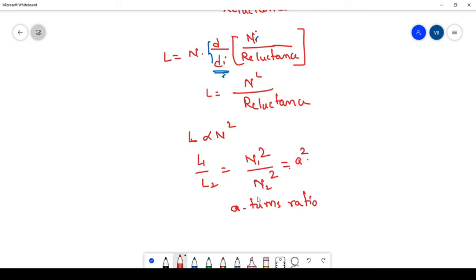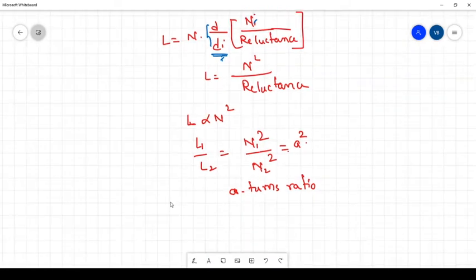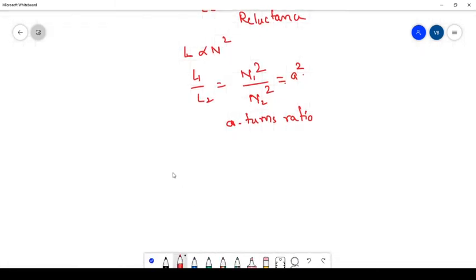Or else we can represent this in terms of voltage also. This was the self-inductance value; now we relate it with the voltage.